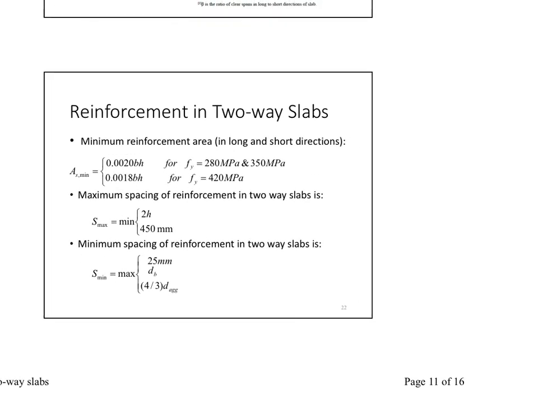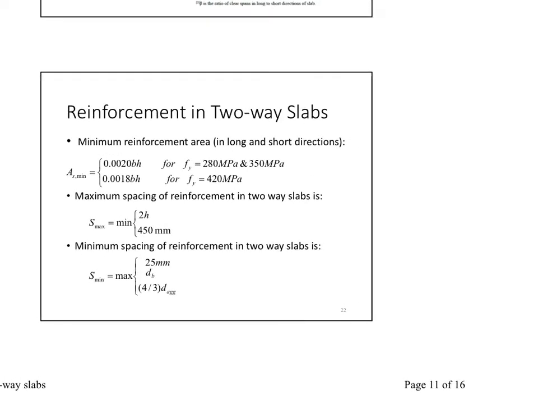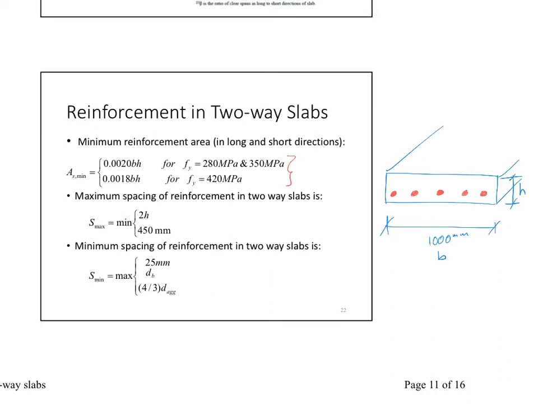Now, as far as reinforcement, we have a minimum amount of reinforcement. If we're looking at the slab, we're taking a 1 meter width strip of a slab. This is 1000 millimeters B, with the thickness of the slab being H, whatever that H is. They found that we have to have some minimum amount of reinforcement within this slab, and that reinforcement should not be less than 0.002 or 0.0018 B times H, depending on the F yield.